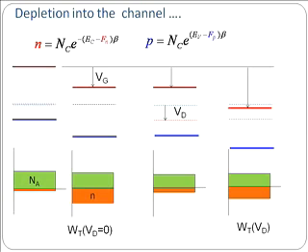Then again it will invert. In order to do that you'll have to apply more gate bias, and that gate bias will result in more depletion, right? So when you move the Fermi level like this with a drain bias, the depletion width also keeps changing.